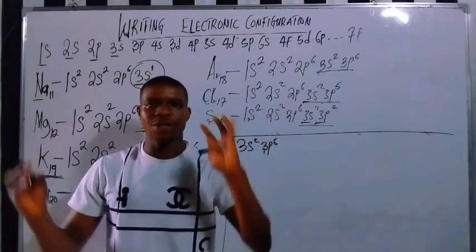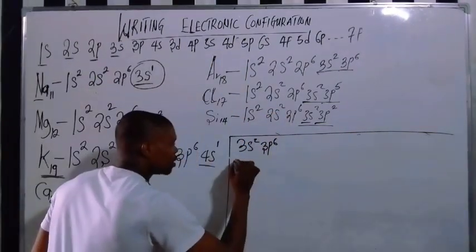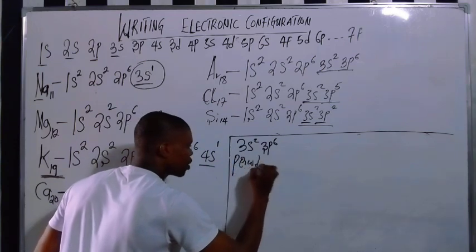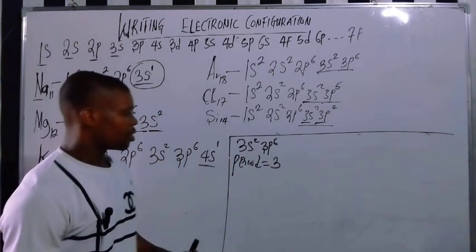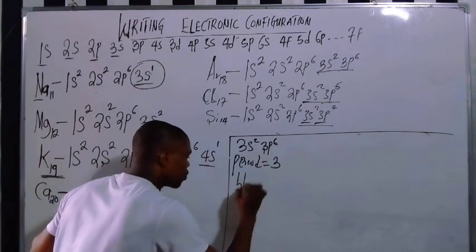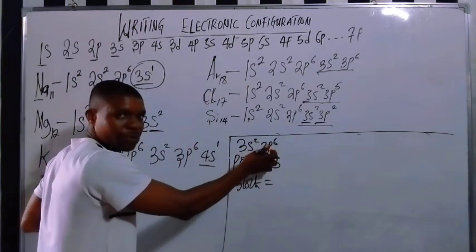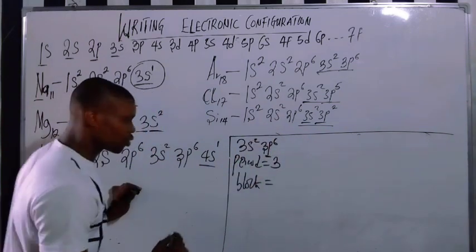No matter how you do it, the period is always at my highest energy level. So the period is going to be period 3. Fine. Now my block is the p block, because the last one is p. So it's going to be p.